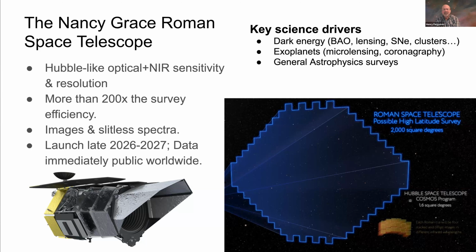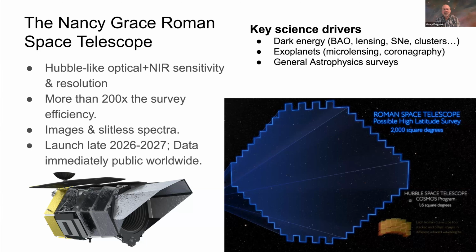Let's see if I can get it to change slides. There we go. So Rubin LSST may not need much introduction to this audience, but I wanted to point out areas in which Rubin complements and areas in which it's different from Roman.